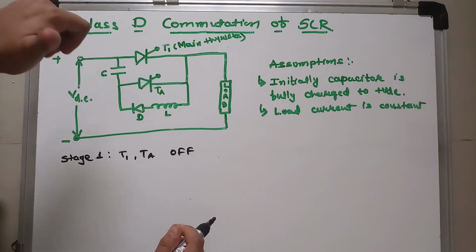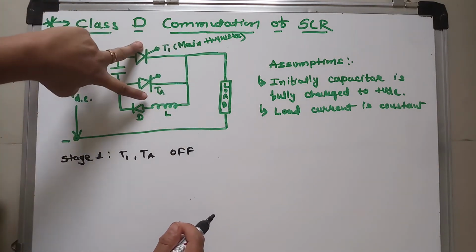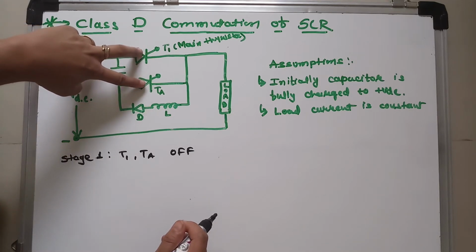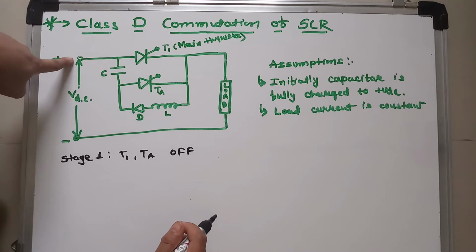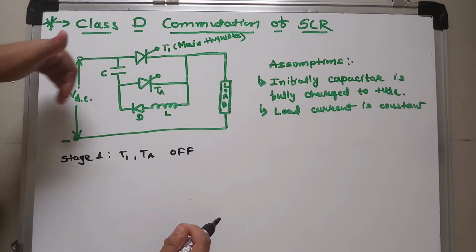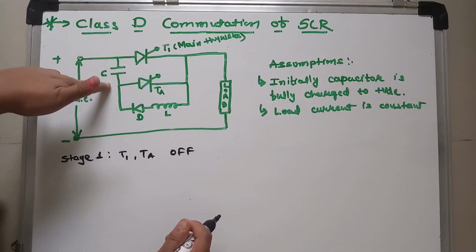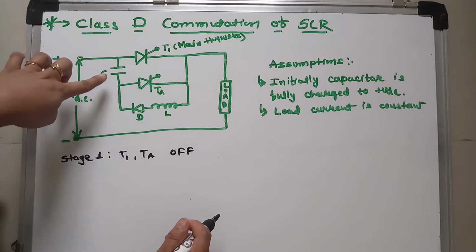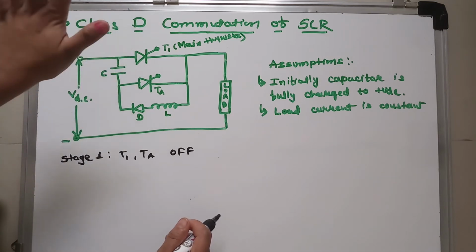So there is no path for current to flow from source to load, as T1 and TA both act as open circuits, and the diode is reverse biased as its cathode gets the positive terminal. There is also no path for the charging of the capacitor. Initially, when both thyristors are off, the capacitor is totally uncharged.